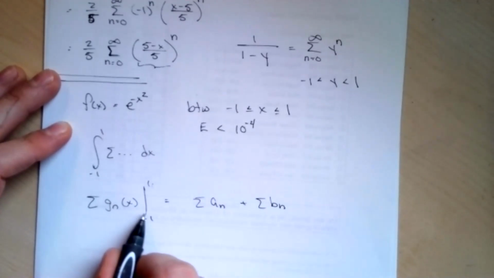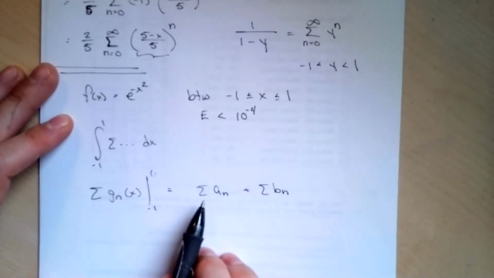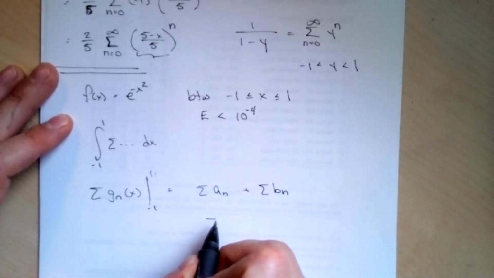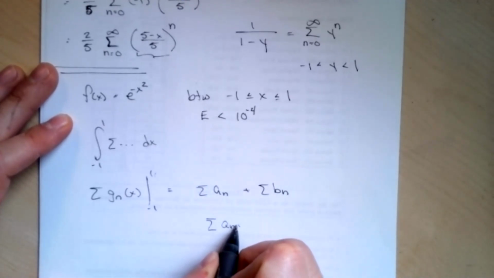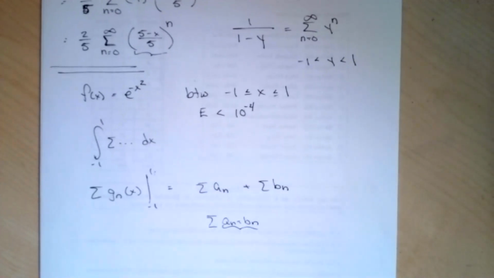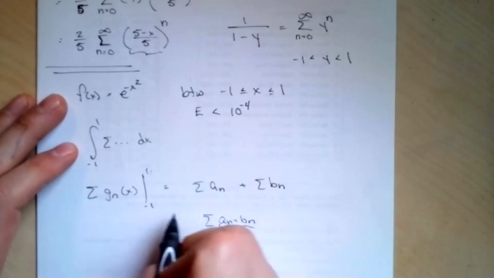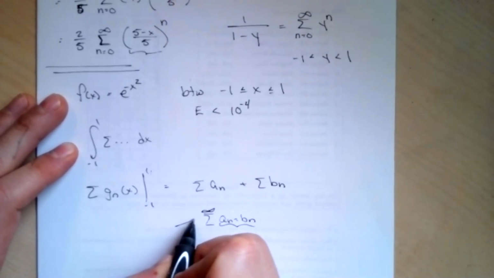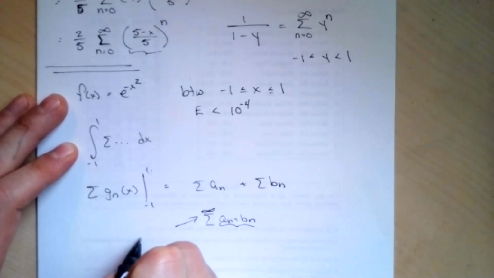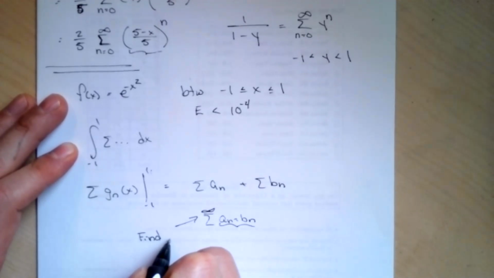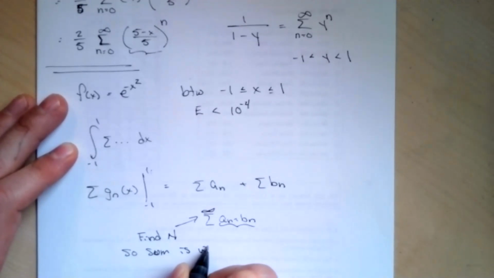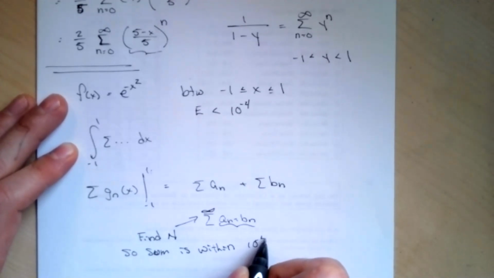And then after you evaluate it at your minus ones, you may want to combine those into one single series. And then from whatever this looks like, you want to use potentially the alternating series to find, don't go all the way to infinity, but find an n so that the sum is within the margin of error. Does that make sense, or do you want me to explain it?